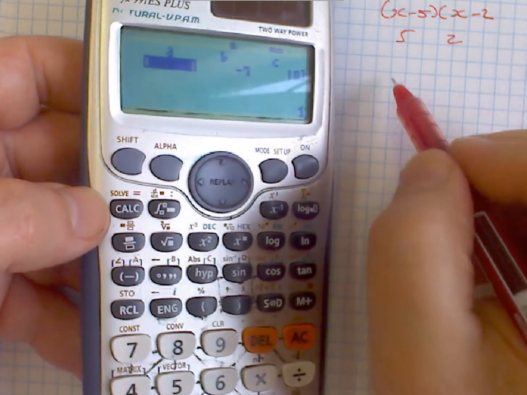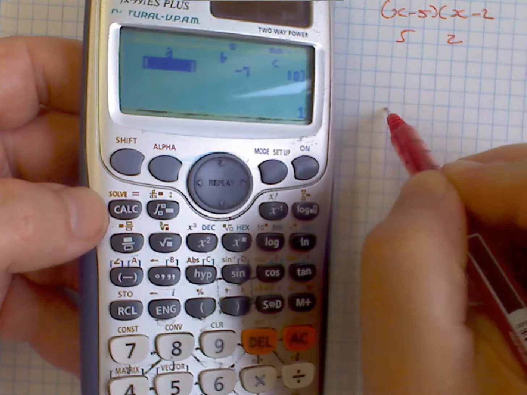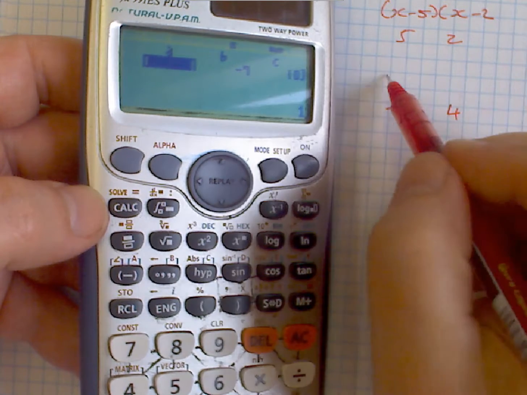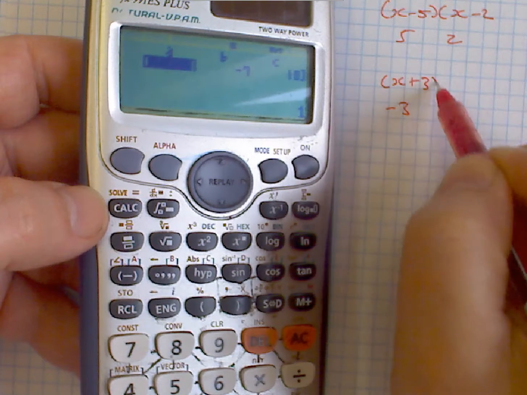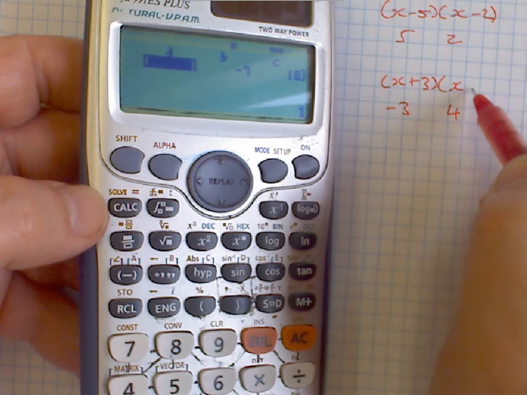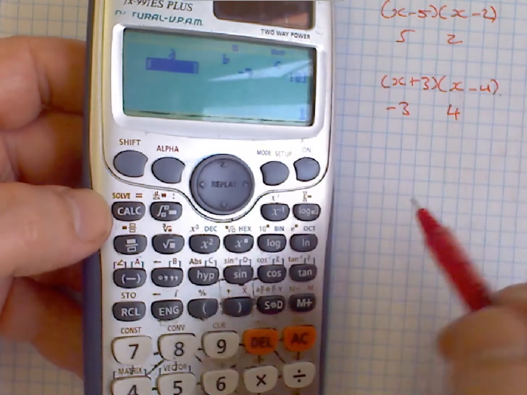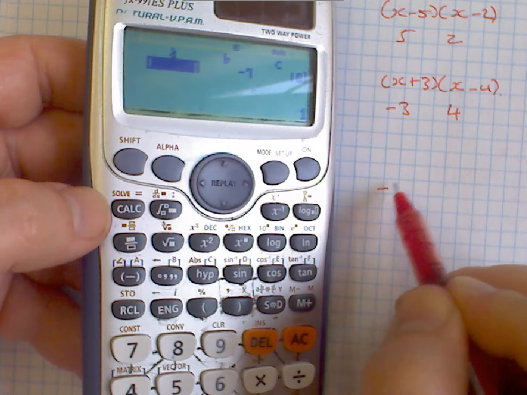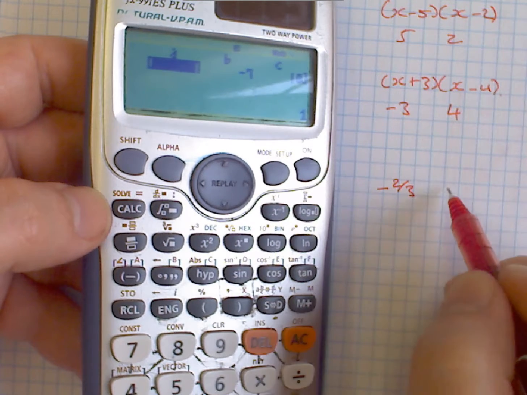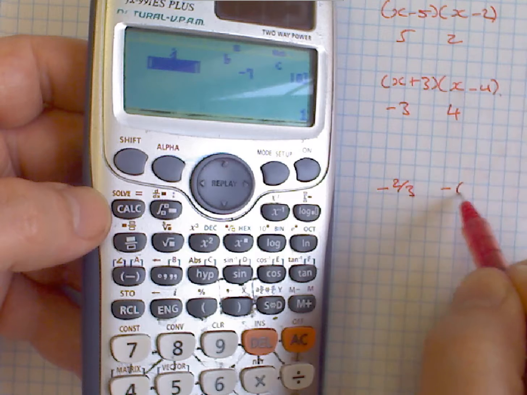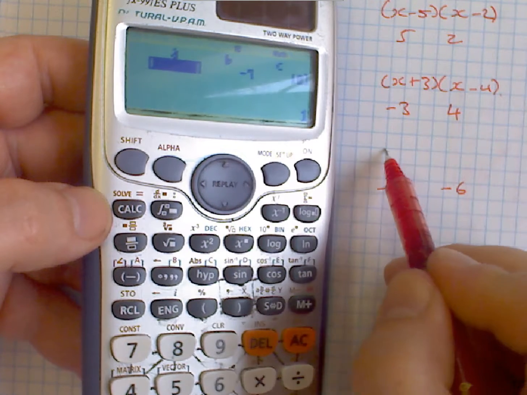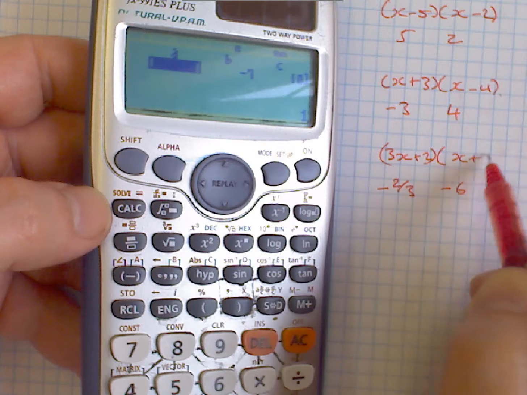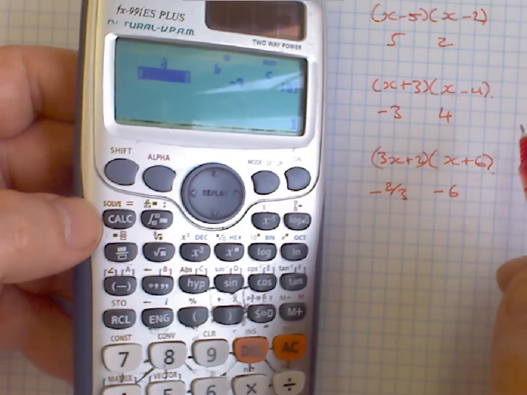If you got the answers minus 3 and 4, then it was (x + 3)(x - 4). And if you got the answers minus 2/3 and minus 6, then you're looking at (3x + 2)(x + 6). Very useful thing, the silver calculator.